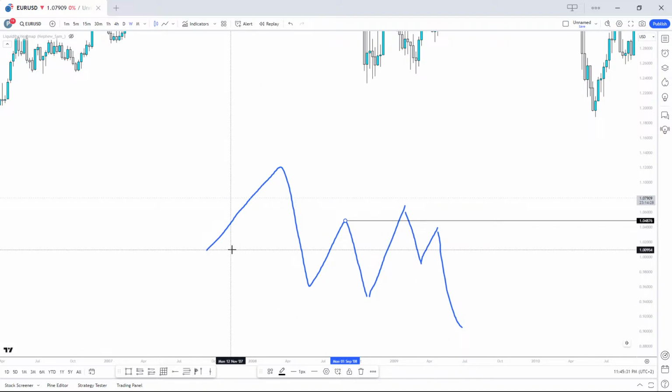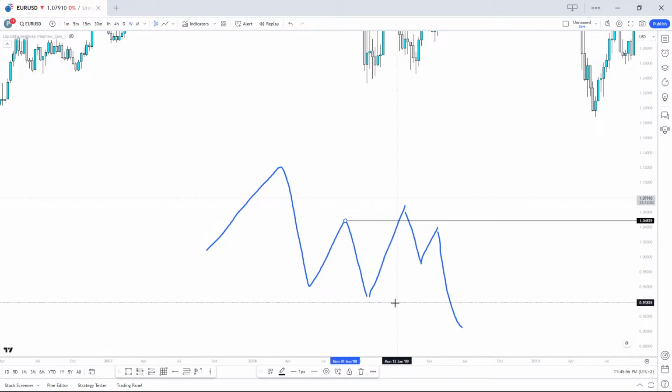Okay, so basically, yeah, look. If price still makes a lower low, but it breaks this high, right?